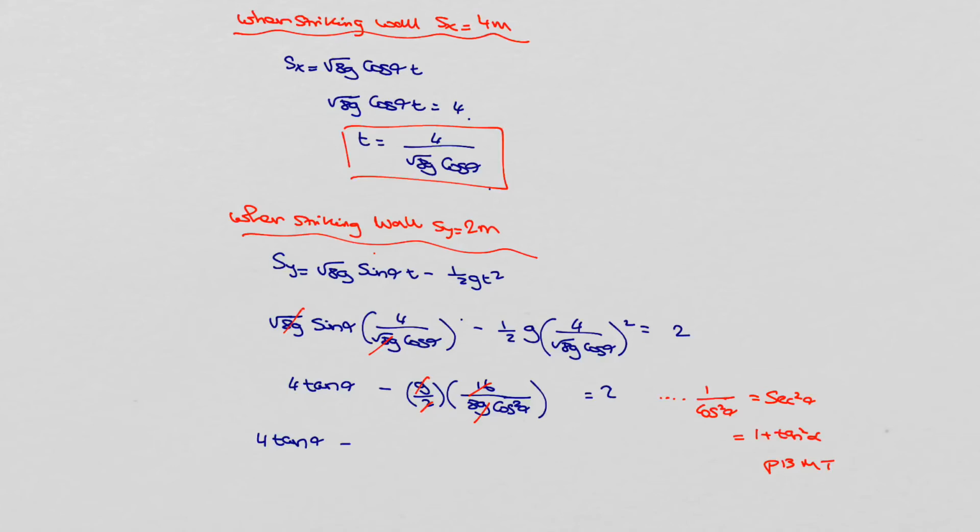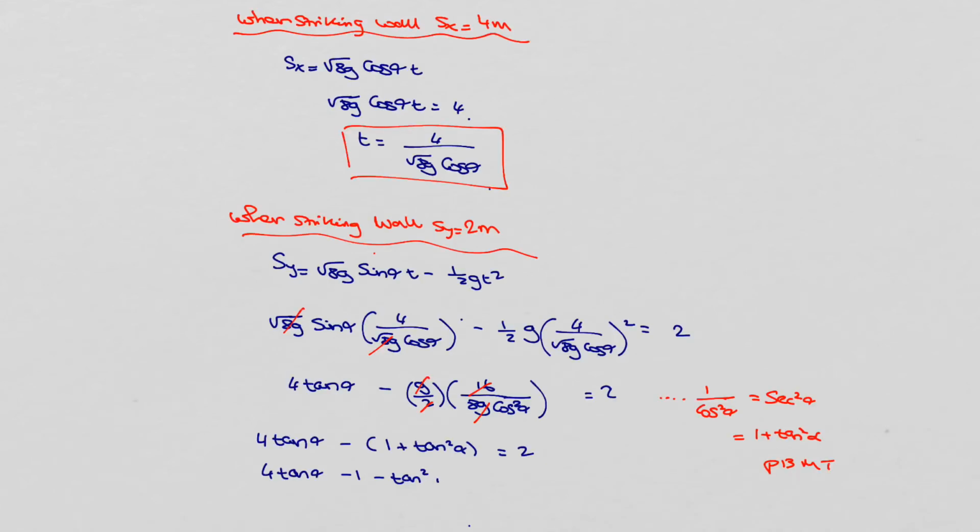So we're going to have minus 1 plus tan squared alpha equals 2. So getting rid of those brackets, we have 4 tan alpha minus 1 minus tan squared alpha, and let's bring it over that 2, so that's minus 2 equals 0.